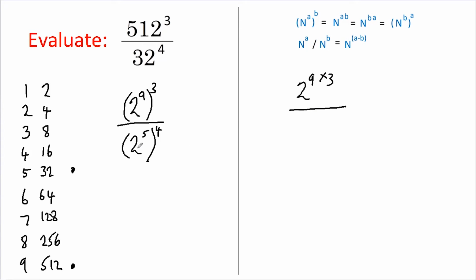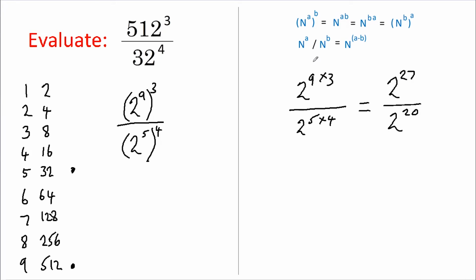And on the bottom we have 2 to the power of 5 to the power of 4. So this becomes 2 to the power of 27 divided by 2 to the power of 20.